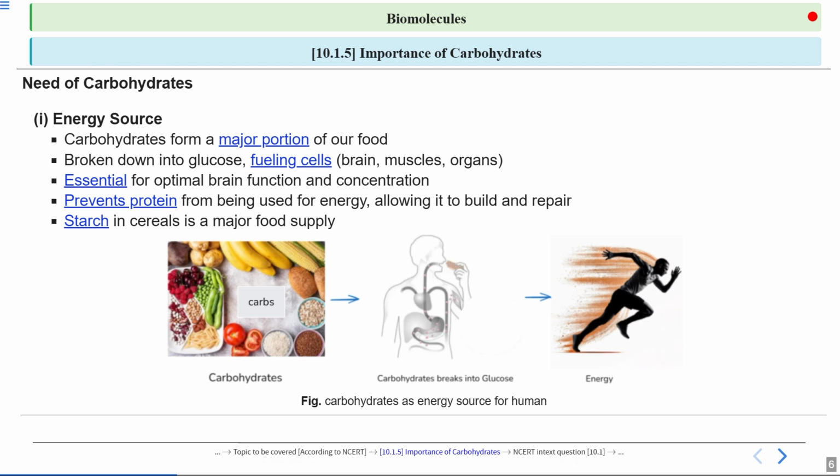So if you look at this diagram, you will see how carbohydrates serve as an energy source for humans. Okay, so see, this is the carbohydrates or the food which we eat, and our body breaks down that carbohydrate into glucose, which provides us energy to do our daily work. Okay, so this is the carbohydrates as the energy source for humans.